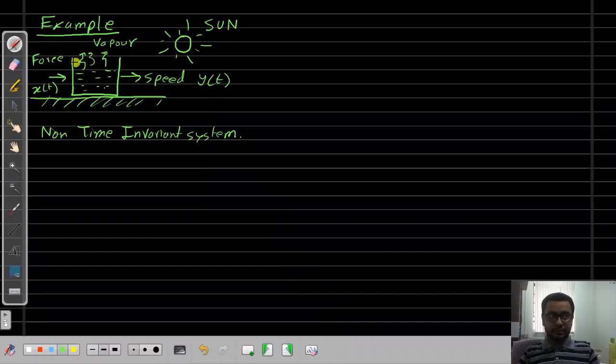So the system property or system behavior in this case depends on the absolute value of time or actual value of time. So this is not time invariant, or we call it a time variant system. It varies with time.